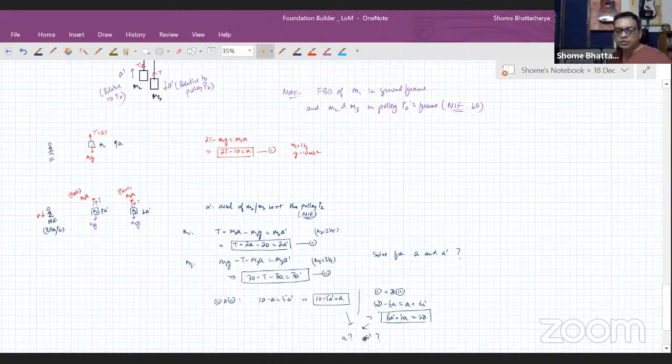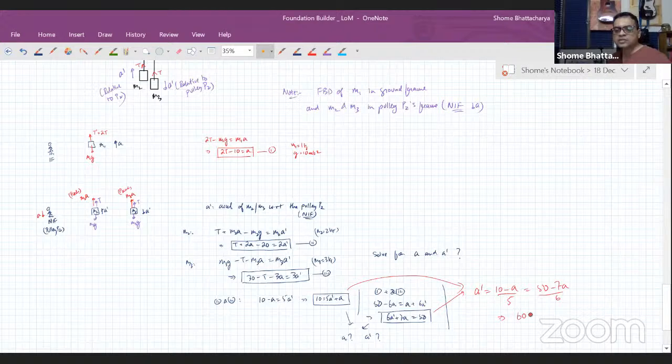So for example, if I want to solve for A, I will just eliminate A prime here. So from these two equations, from this and this, I will equate the value of A prime. From the first one, it is 10 minus A by 5. And from the second one, it is 50 minus 7A by 6.